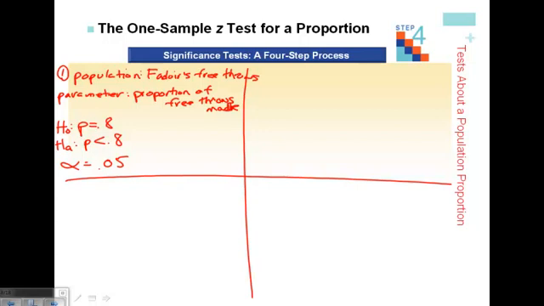All right, step 2. Step 2, conditions. Is our sample unbiased? Okay, and I'm going to assume the 50 shots are an unbiased sample.